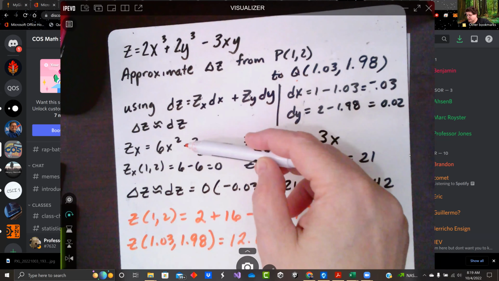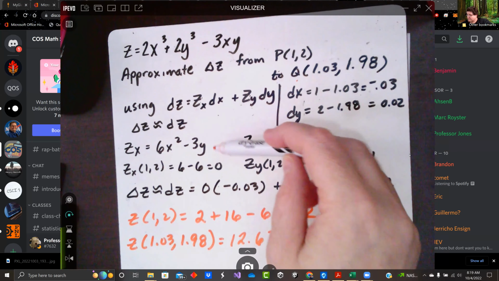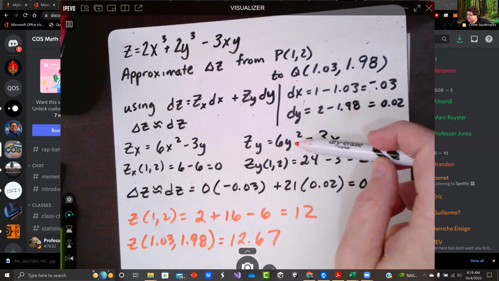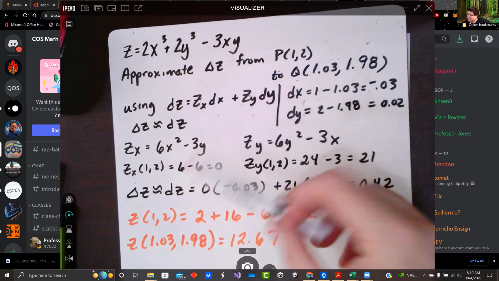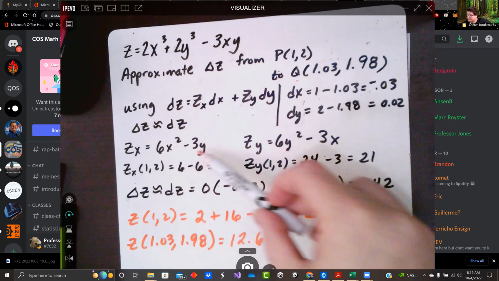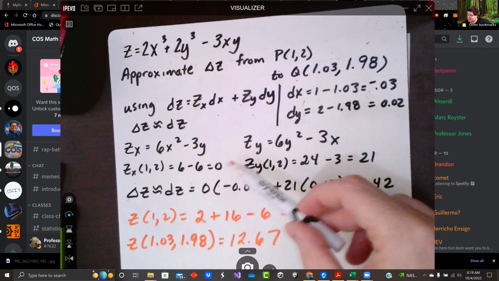6x squared minus 3y and 6y squared minus 3x. I plug in 1, 2: 6 minus 3 times 2. 6 minus 6 is 0.